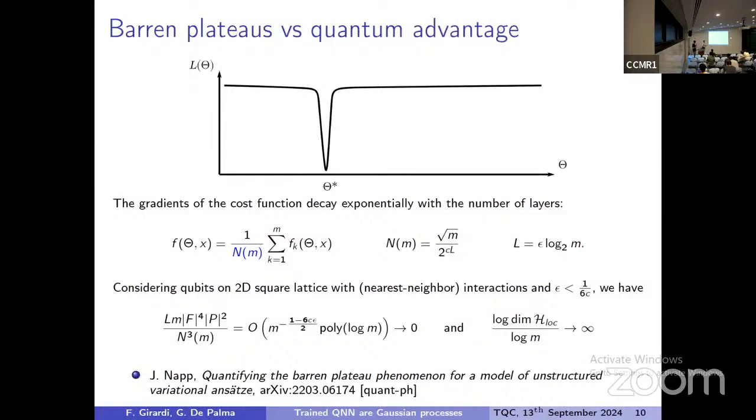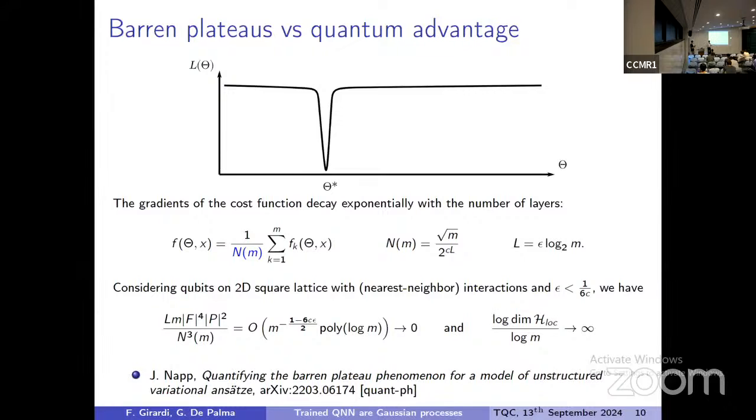So we already know that when we have barren plateaus, since we have a very flat landscape, the quantum neural network is not trainable. So it would be a bit contradictory to say if there are barren plateaus, then our result is better.